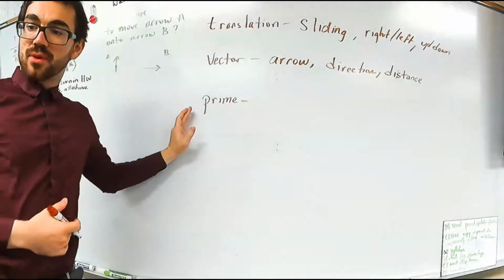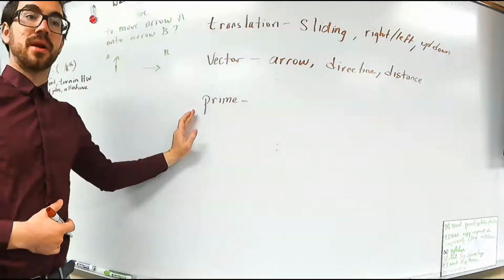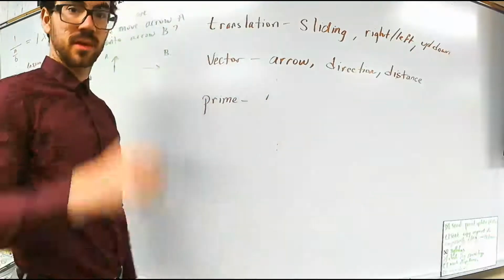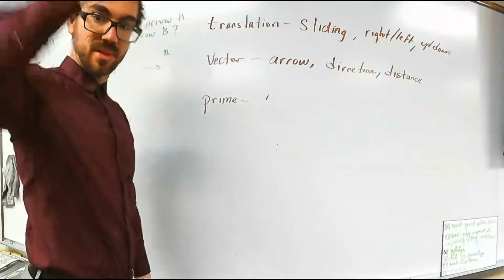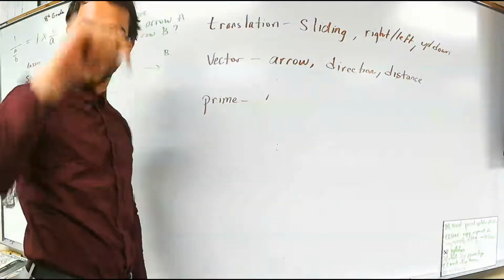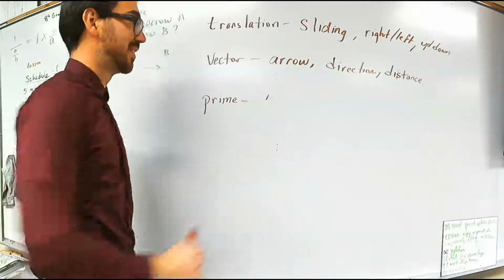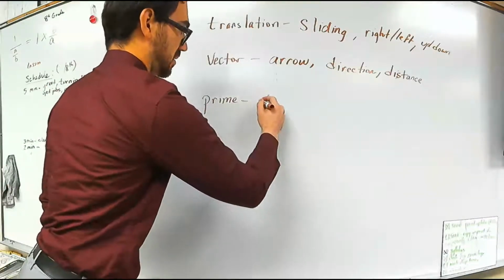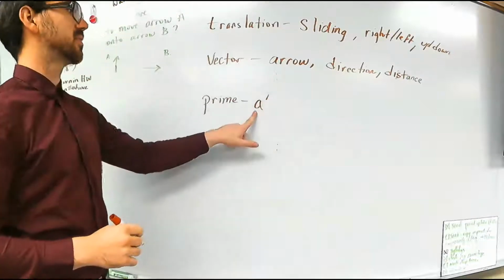Okay, and my last vocab word is prime. The notation for prime is apostrophe. Say it with me: apostrophe, comma, apostrophe, comma. Right? Apostrophe is the one that's on top. Here's an example.